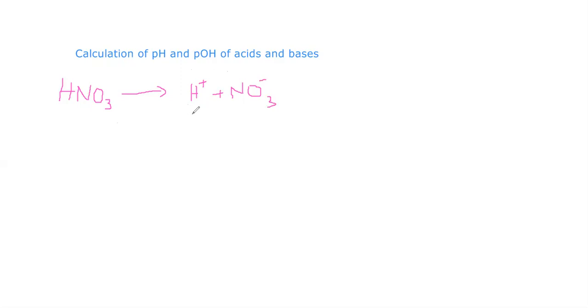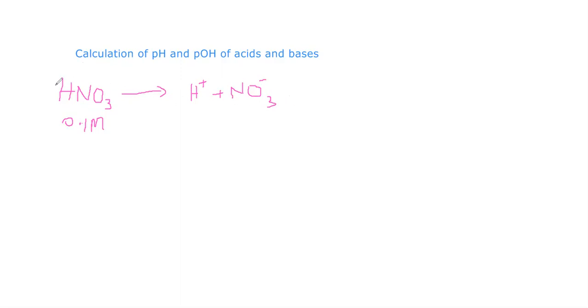Now the question is, how can we determine the pH of this acid? Let's suppose it has a concentration of 0.1 molar. When it dissociates into hydrogen and nitrate, one molecule releases one hydrogen ion and one nitrate ion.